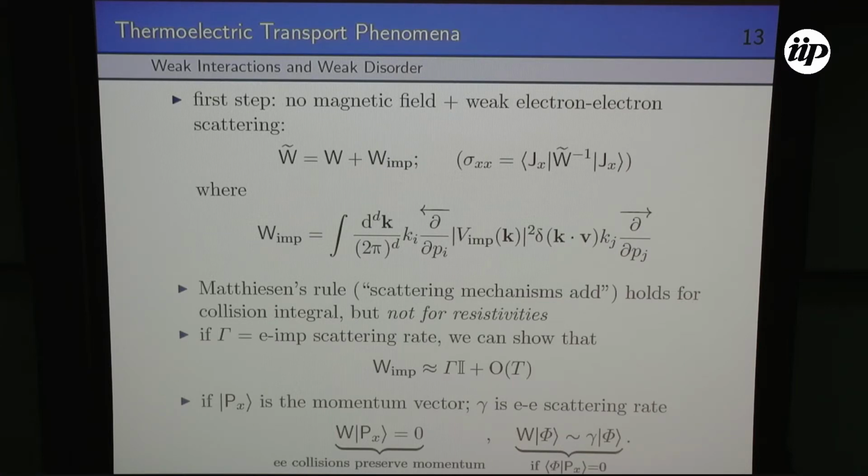And this vector P is a null vector of the collision integral. That's what it means to have collisions that conserve momentum. And we'll parameterize with little gamma the typical value of the remaining eigenvalues. So capital Gamma is the electron impurity scattering rate, and little gamma is electron-electron. That's just to avoid lots of subscripts as we go through.